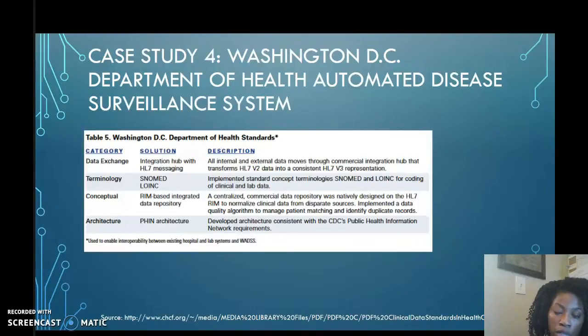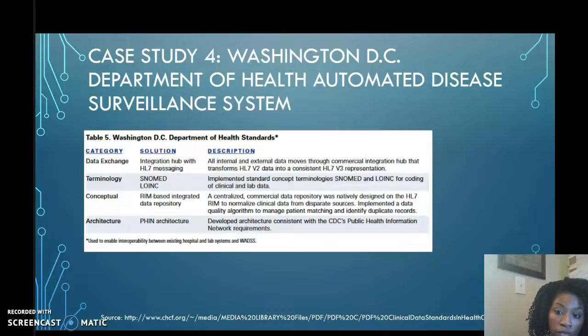In turn, this would enable automated public health data collection, real-time monitoring and analysis, and early detection and intervention. The impact of the clinical standards allowed for a comprehensive and timely review of potential disease outbreaks, bioterrorism attacks, and actual public health cases.